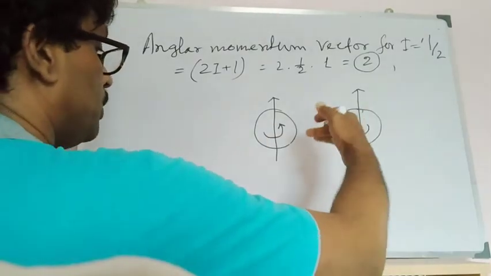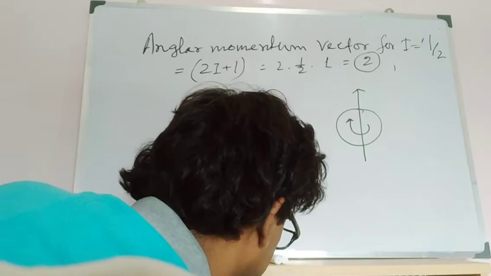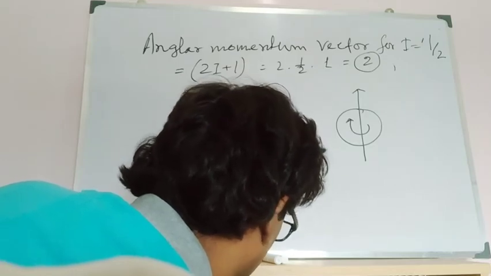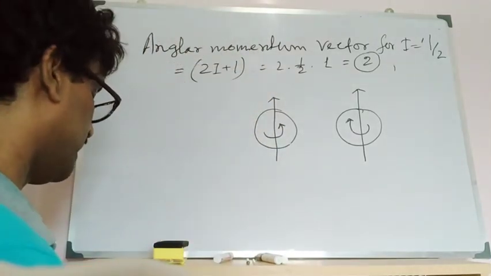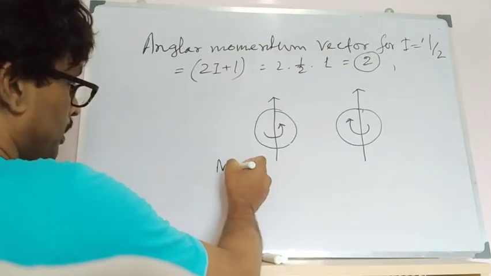These two spins are in opposite directions to each other, and the magnetic moment is denoted by mu, which is proportional to the corresponding spin.